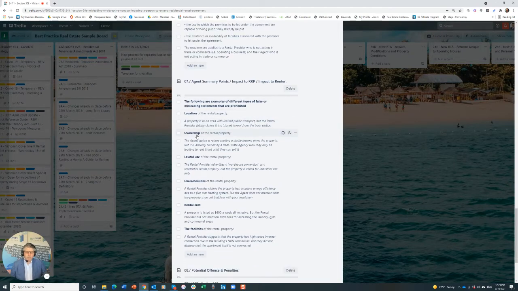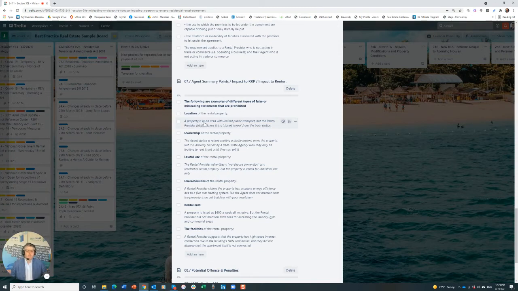Okay, so these are the key areas: the location of the property. Be really, really careful about the way in which you advertise a property. Stop using things like at the doorstep or 300 meters from, unless it specifically is. And the other one is with regards to an easy walk.